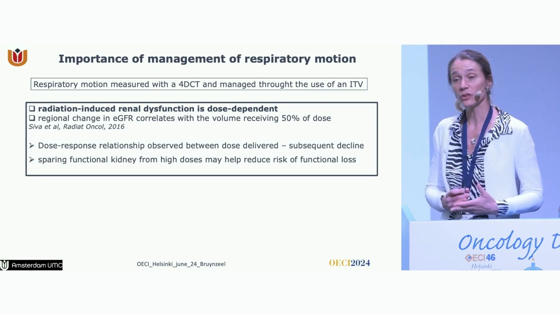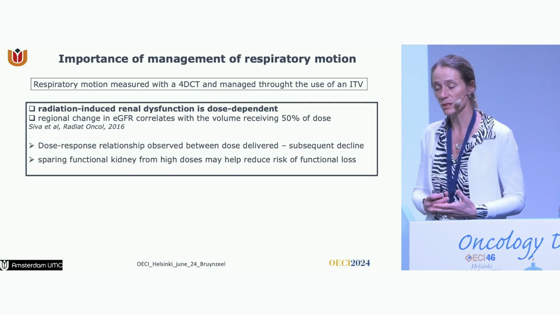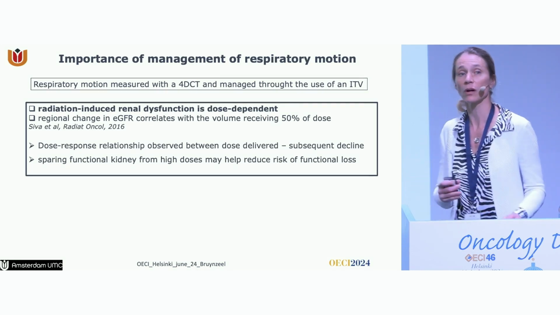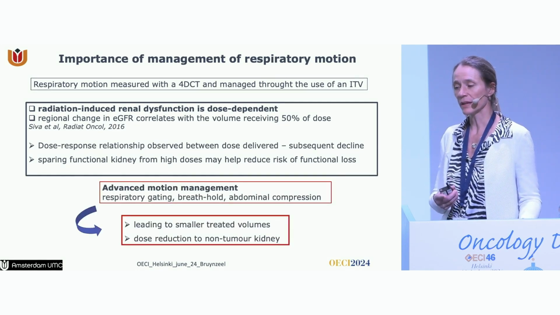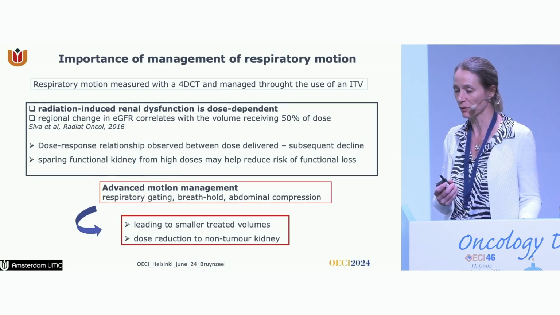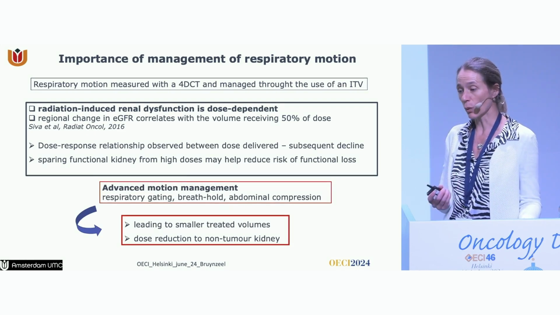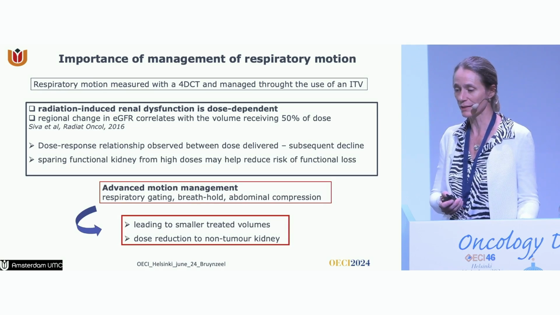So sparing functional or non-tumor kidney from high doses may help reduce the risk of functional loss. Compared to free breathing and the use of an ITV, employing advanced motion management such as respiratory gating and breath hold will lead to smaller treated volumes and thereby dose reduction to non-tumor kidney.